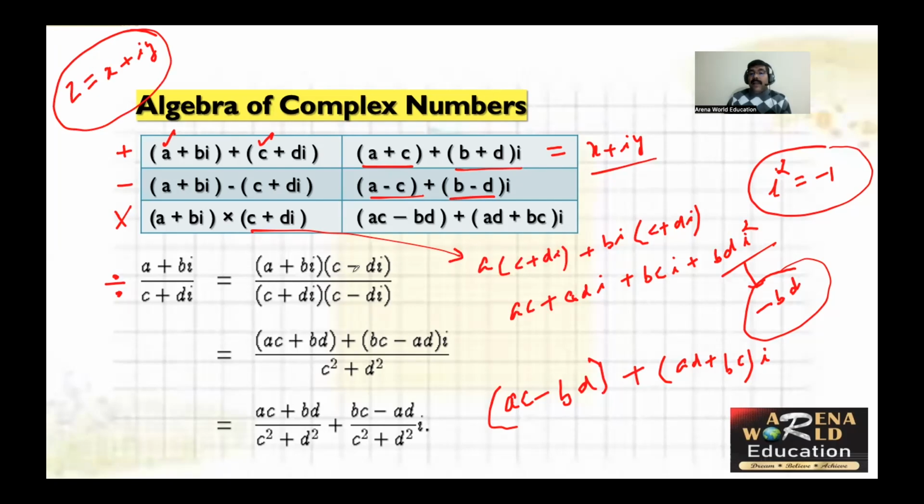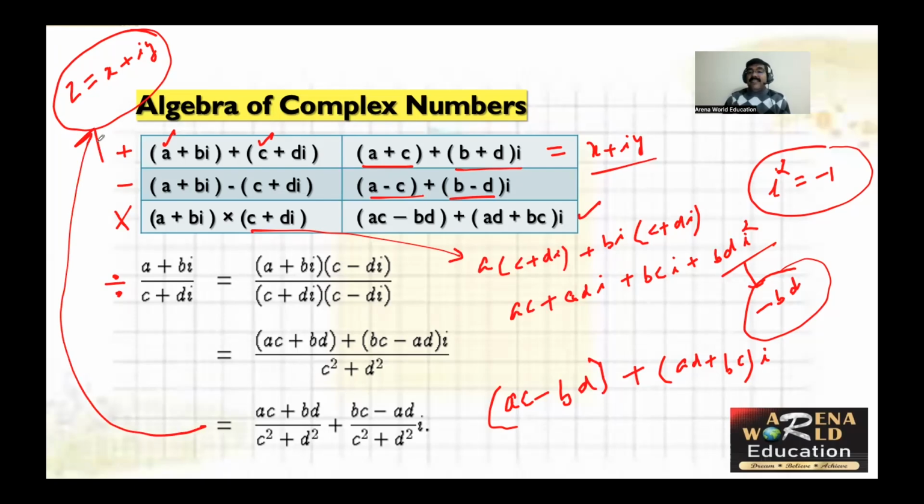We will multiply numerator and denominator by c minus d iota, right? And simply we will multiply numerator and denominator and express the numerator in the form we had already discussed for multiplication. And at last, we will write this in the form of x plus iota y. You will get the division of two complex numbers.